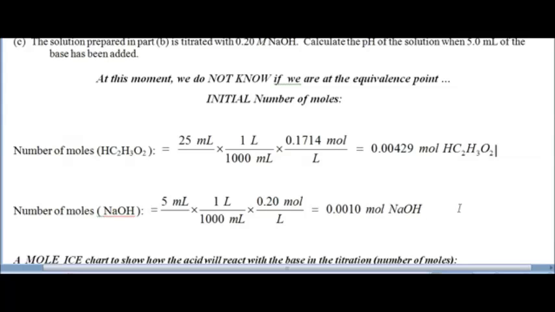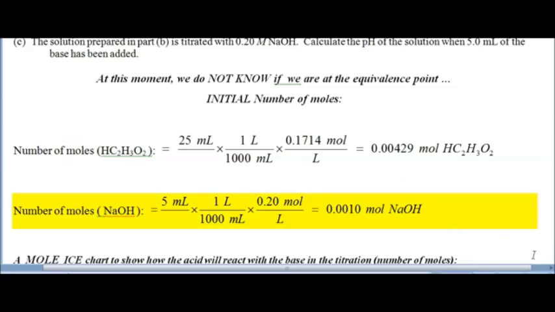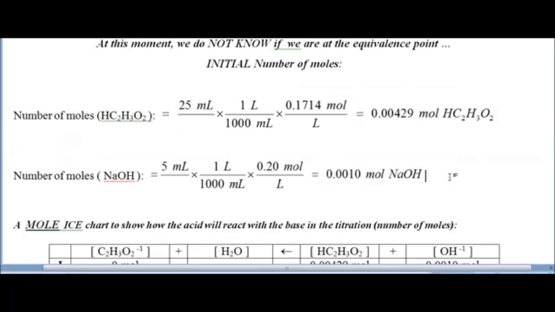In this part we're going to add 5 milliliters from the burette and find out how many total moles of sodium hydroxide are added to the 0.00429 moles of acetic acid. We know the volume and the molarity of the sodium hydroxide, so in this case we're adding 0.001 moles of sodium hydroxide. Right off the bat, we can see that we are not at the equivalence point here.